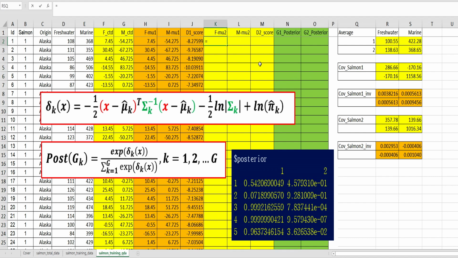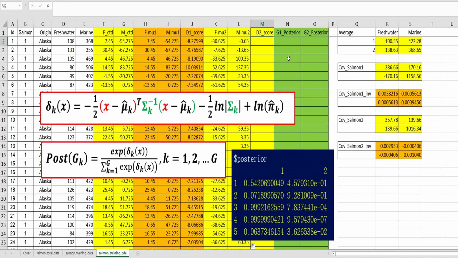So as I explained to you, freshwater minus group 2 average, this one, press F4. And marine minus marine average for group 2 here, press F4. Right.